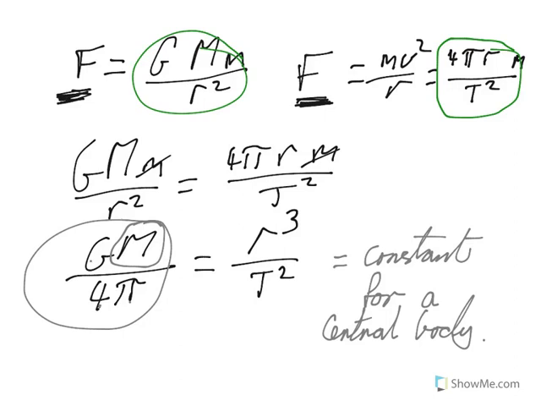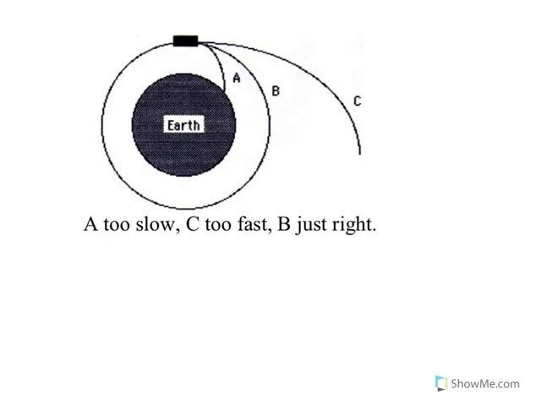Alright, now speeds of satellites. There's got to be a certain speed that a satellite's got to go. Because what we have is this. Right, so here's a diagram. So here's our satellite or whatever it is sitting up here.